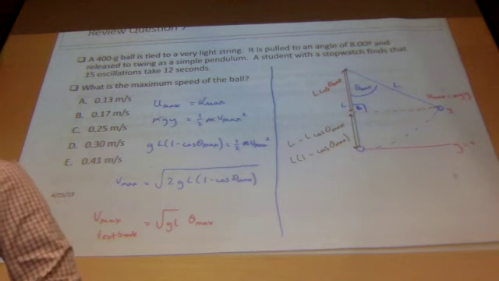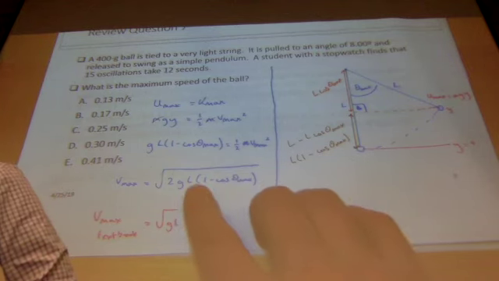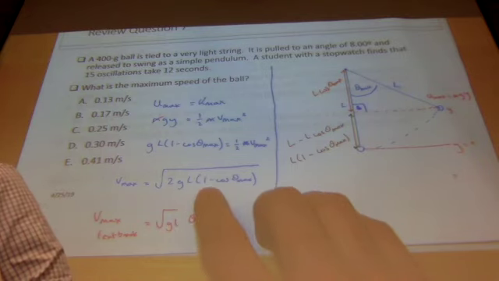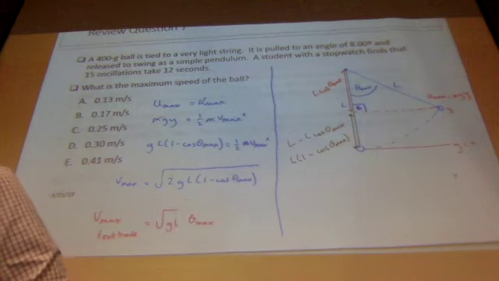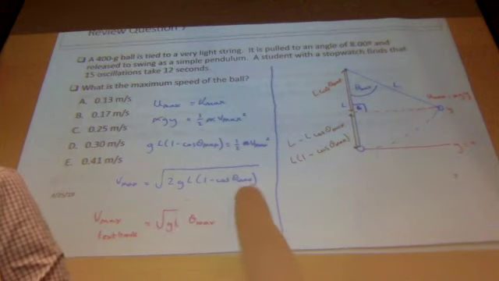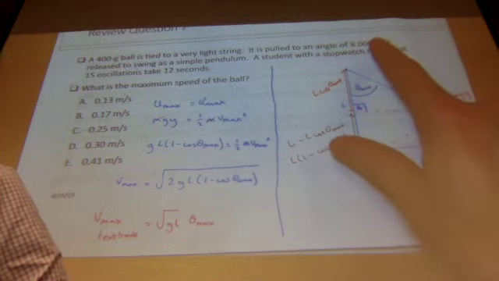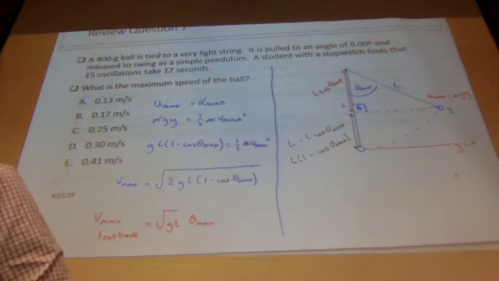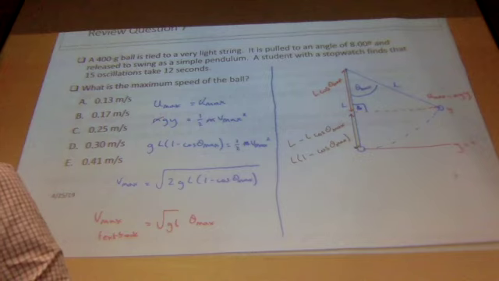For this question, we just solved for L in the previous question, the 0.16 meters. So if somebody is willing to do this calculation for me, it doesn't matter whether theta is in degrees or radians, it basically has to match your calculator mode. If you're doing cos of 8 degrees, make sure your calculator is in degrees. If your calculator is still in radian mode, make sure you convert 8 degrees to radians.